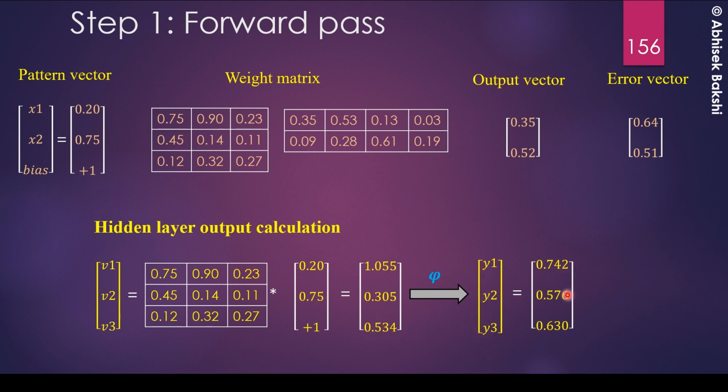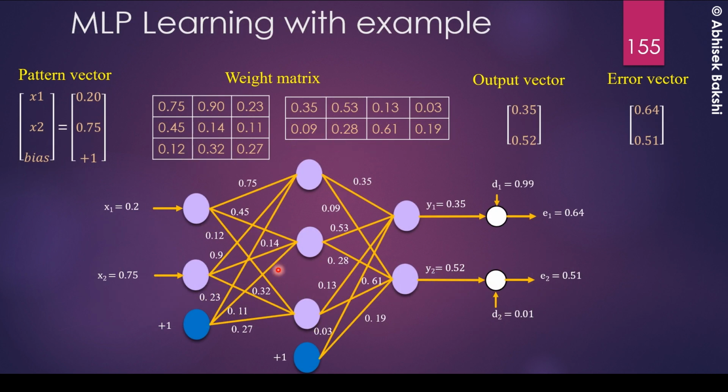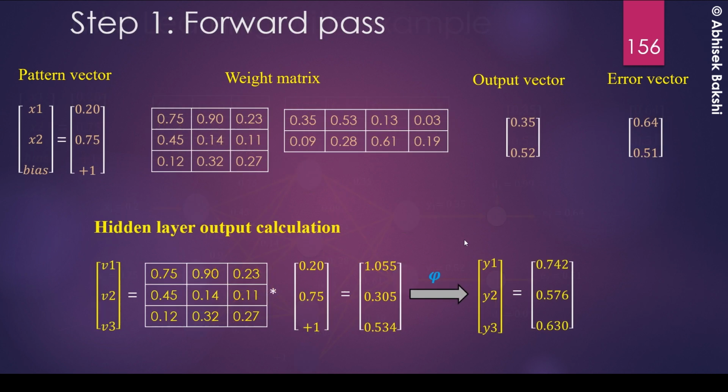If you calculate it, you will have values like this. So you got the output of the three neurons present in the hidden layer as 0.742, 0.576, 0.6.